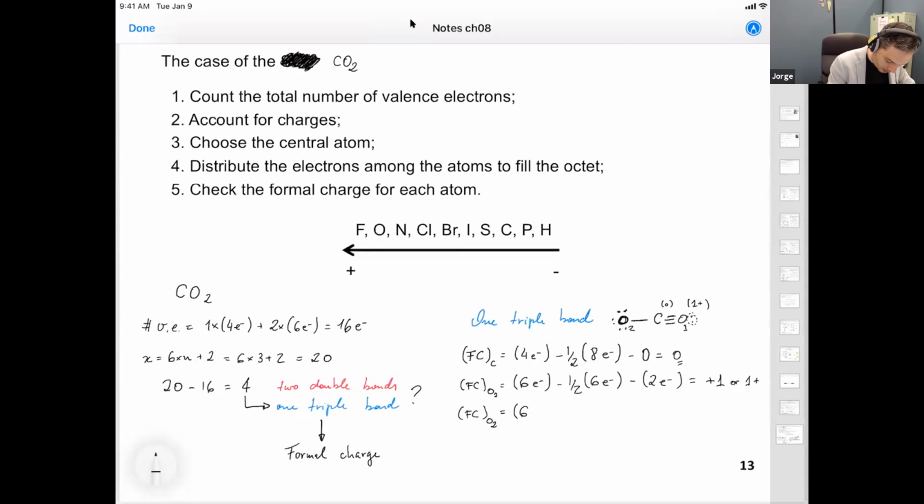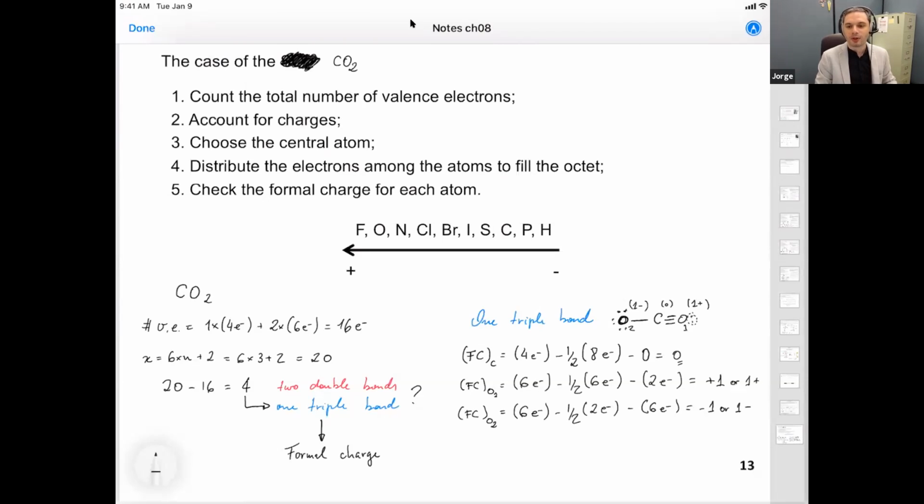So number of valence electrons is 6. Half of the bonding electrons, which is 2 in this case, because just one single bond, minus number of valence electrons is 6 for oxygen number 2. We get here a formal charge of minus 1, or 1 minus.